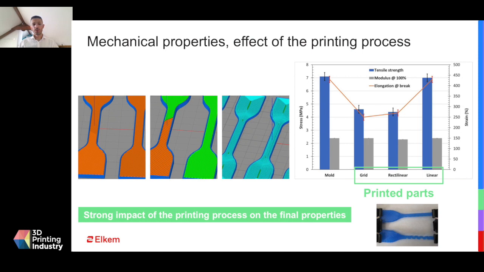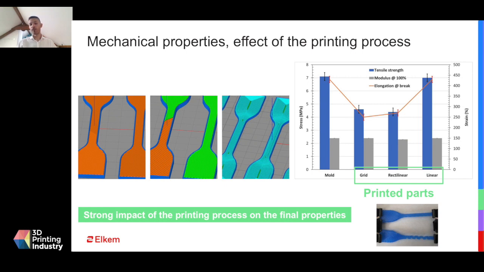We chose to print dog bones with 100% infill, but with different geometries: grid, rectilinear, and linear. We tear the samples, and we compare the results to molded parts.